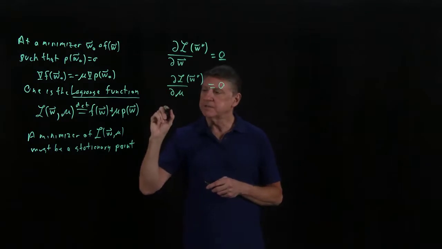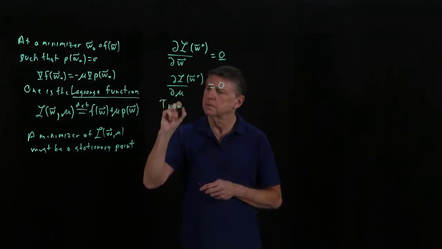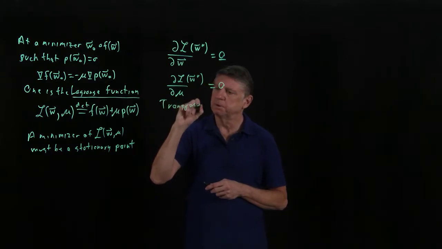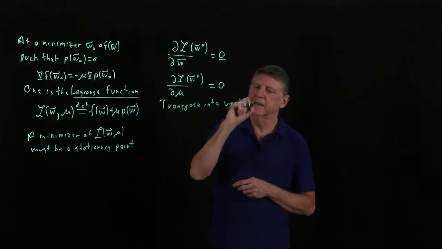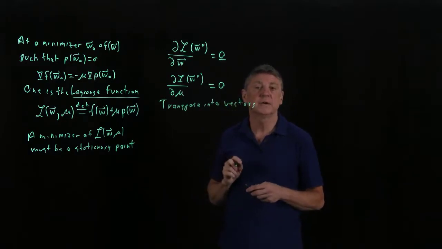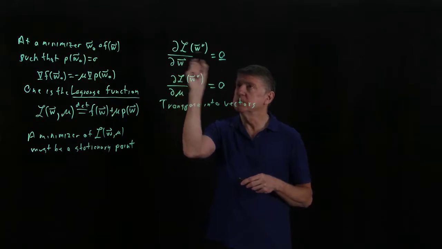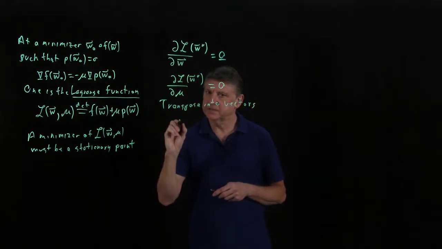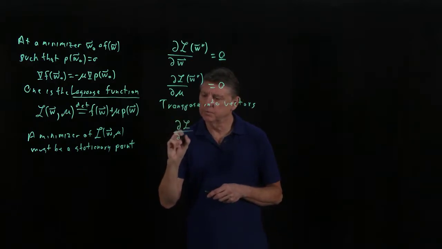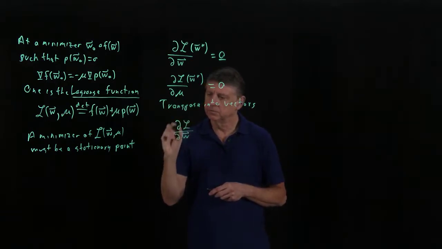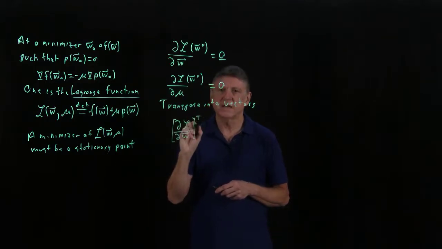So we'll transpose these into vectors. The reason that we'll do that is so that we can use ordinary solutions. When we transpose this one-form, that gives us the partial derivative of the Lagrange function with respect to the vector argument, transposed.